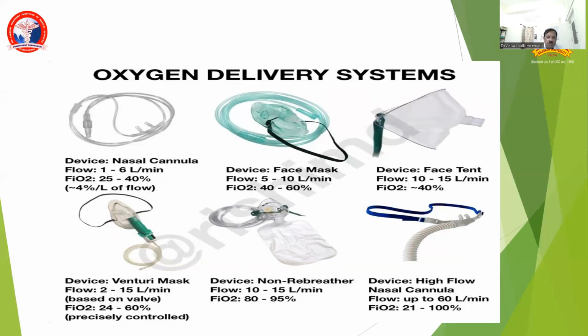When we want to achieve a higher FiO2 concentration, we can use a non-rebreathing mask. But the flow rate required for such a delivery system is high, 10 to 15 liters per minute.